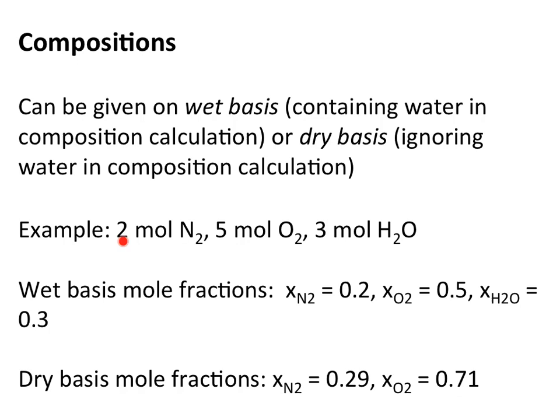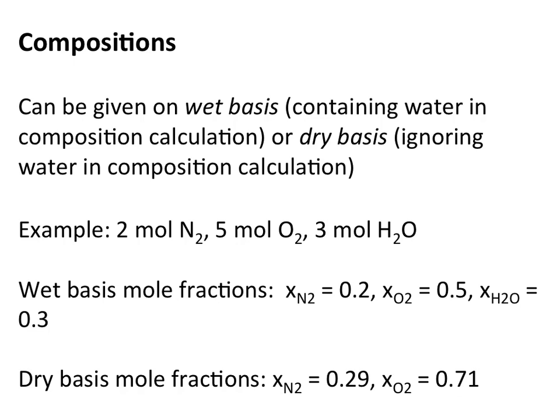So 2 divided by 10 is a mole fraction of 0.2 for nitrogen. 5 divided by 10 is a 0.5 mole fraction of oxygen, and 3 divided by 10 gives me a mole fraction of 0.3 for the water.